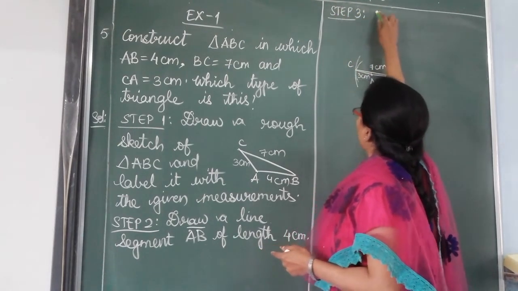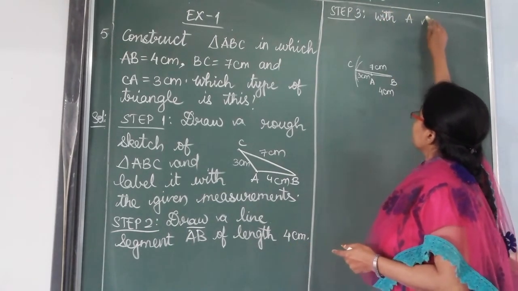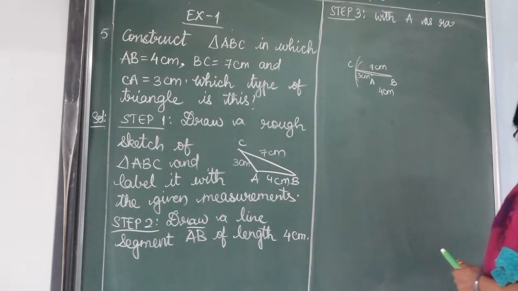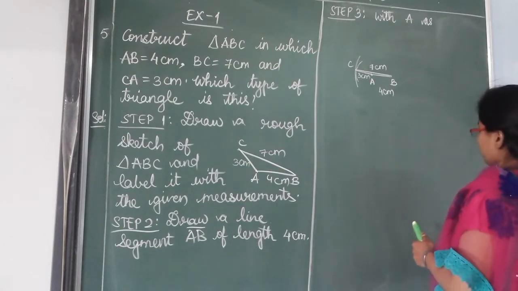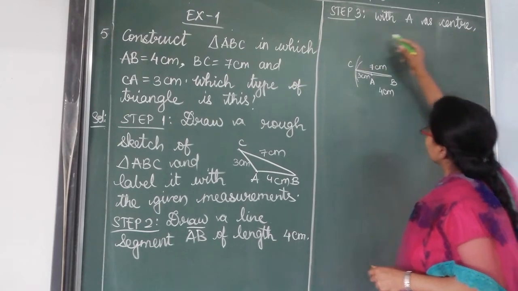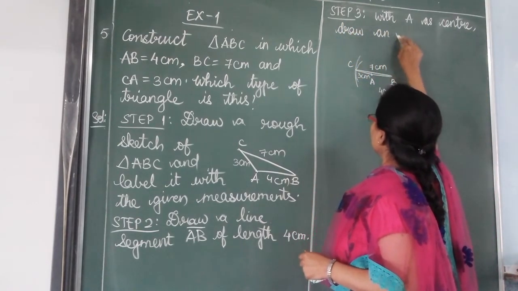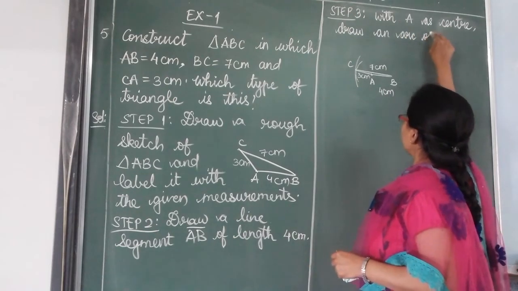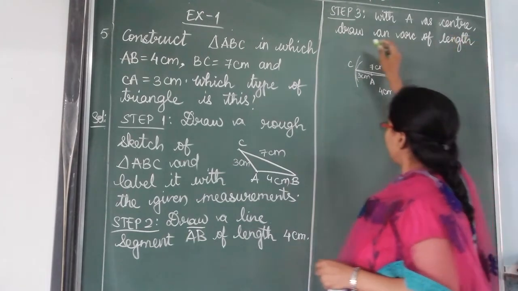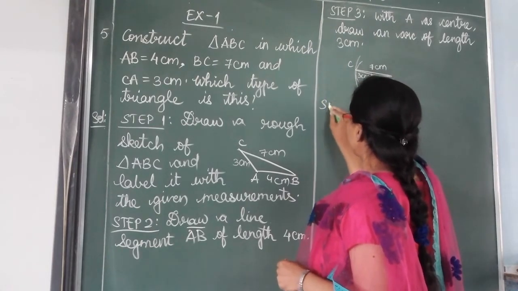Step 3 is with A as center, draw an arc of length 3 centimeters. Okay. Now step 4.